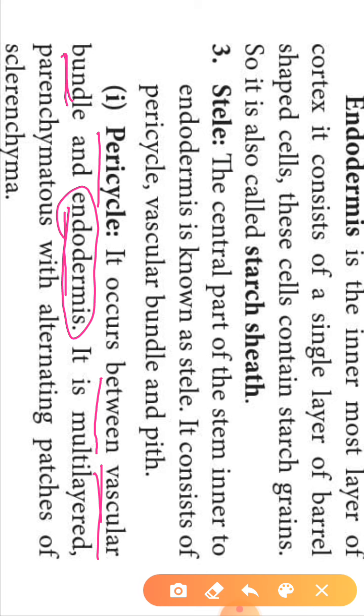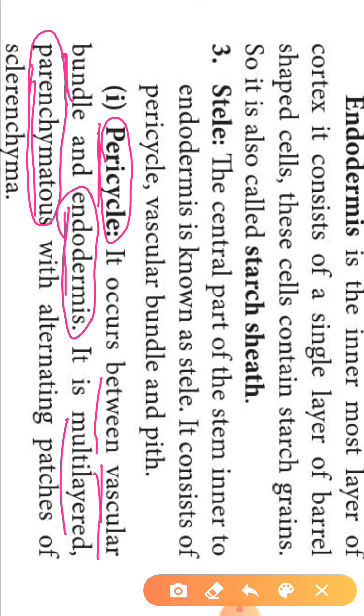Pericycle is multi-layered and parenchymatous, which is functional tissue, with alternating patches of sclerenchyma. Sclerenchyma tissue is the strengthening tissue in a plant.